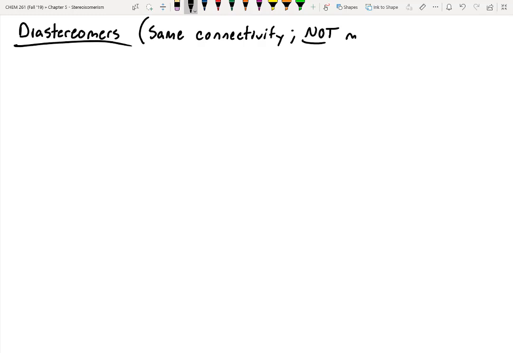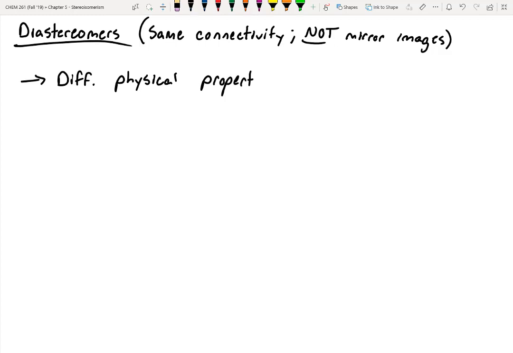Not mirror images. All right. These are actually kind of unique, right? They too have different physical properties, and they're going to be easy to separate.